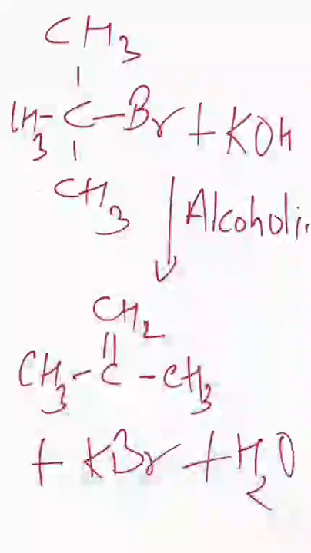So this is an example of dehydrohalogenation of tert-butyl bromide, which is a classical example of E1 reaction.